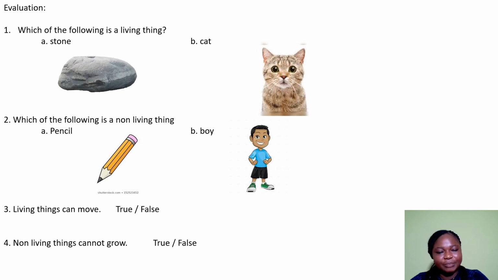B. Boy. Number 3. Living things can move. True or false? Number 4. Non-living things cannot grow. True or false?